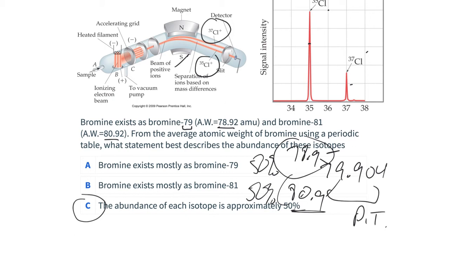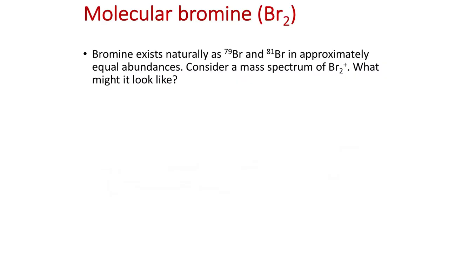Before, we were looking at chlorine plus, but here we're thinking about Br2, two bromines. If we were looking at a mass spectrum of bromine 79 and 81, like the mass spectrum we saw for chlorine, what do we think it would look like for Br2? So imagine you have two bromines that are paired together with a positive charge, and we're looking at the mass spectrum.